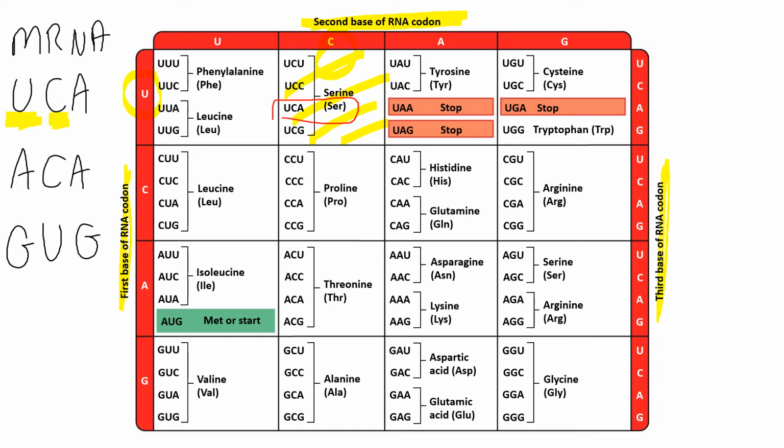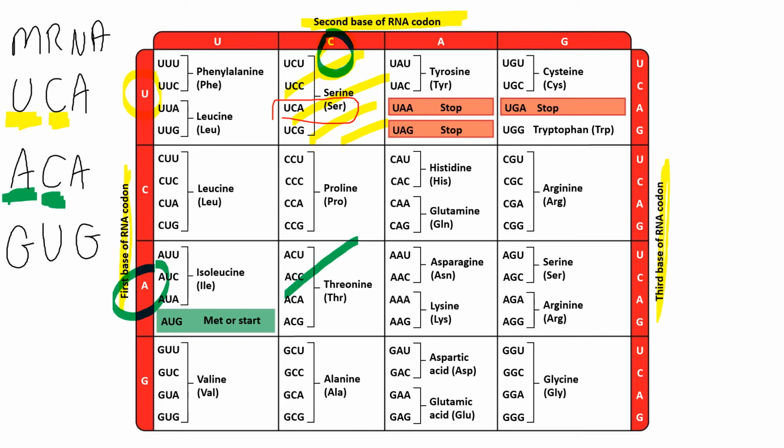Let's try another one. Let's say that your codon is ACA. So your first letter, or your first base, is A. So you would find the first base right here, A. The second base is C. So C is over here.